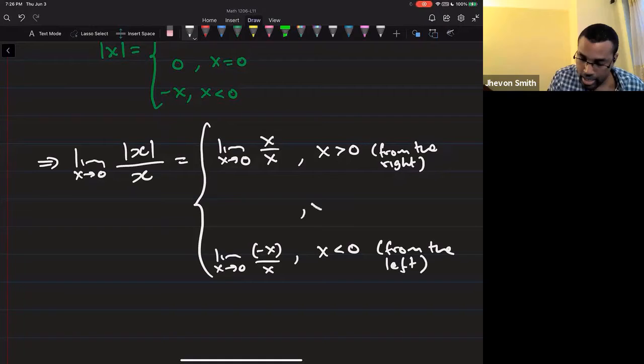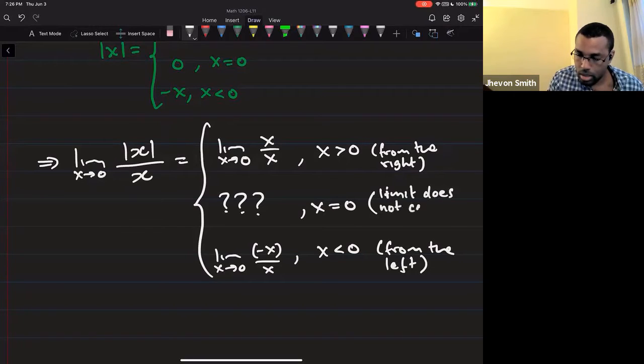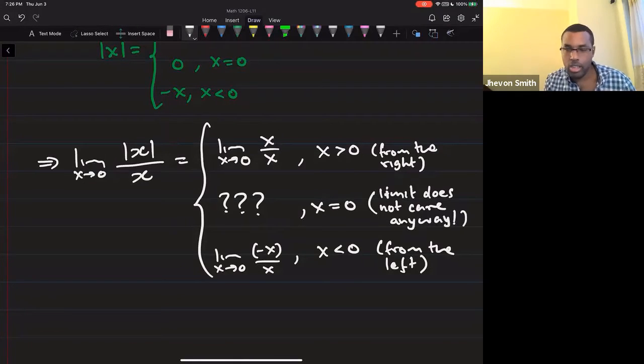Now, what is it if x equals 0? Well, it's nothing because you can't divide by 0. And limits don't care anyway. It's like a honey badger. I don't care about being at 0.